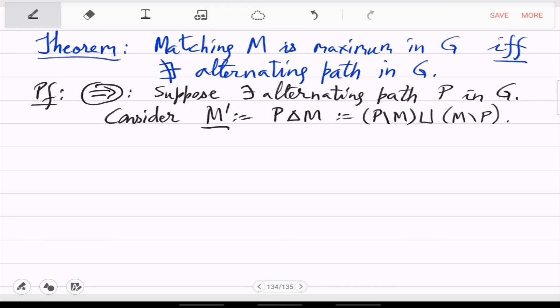It's a set of edges. Is this a matching? That's the first question. Are there two edges here which have a common endpoint, or are the edges disjoint?